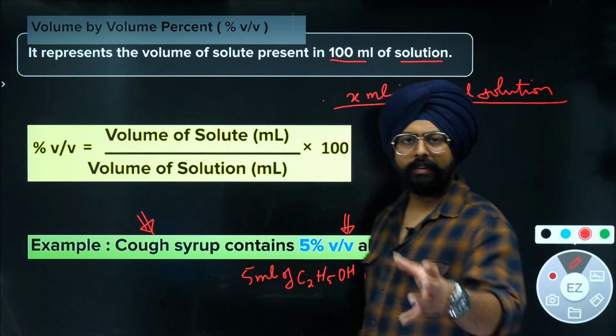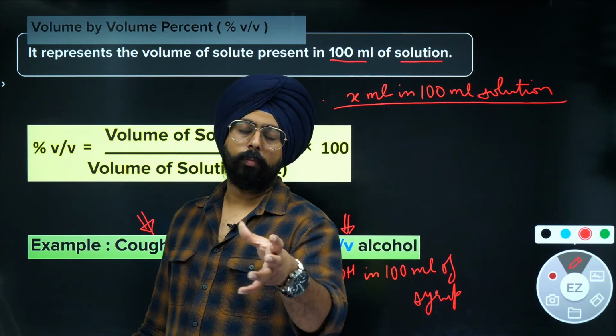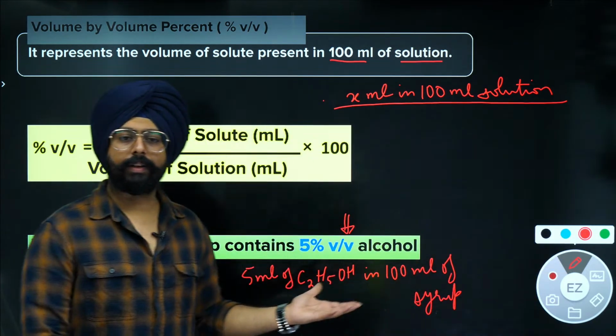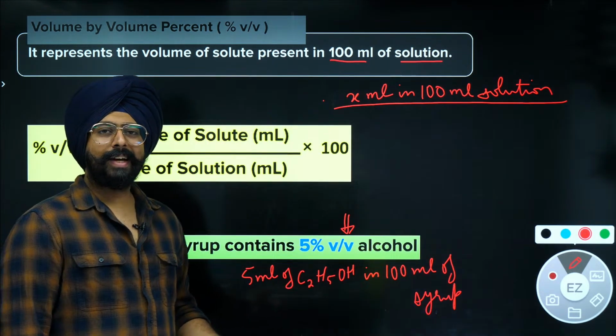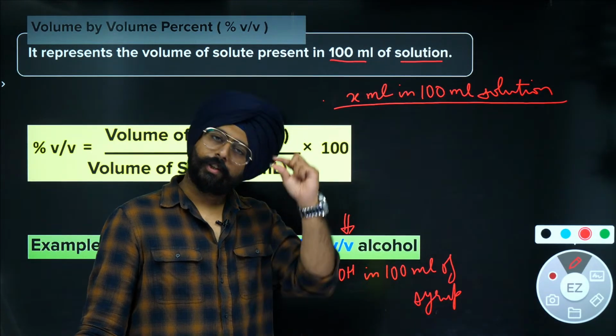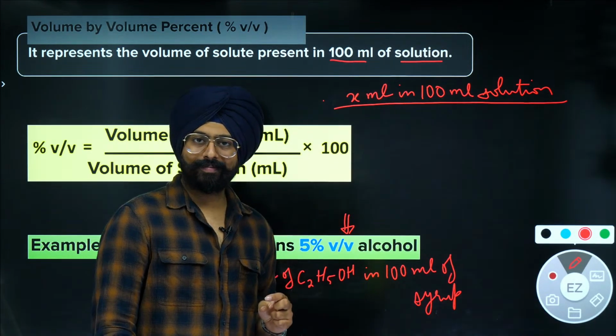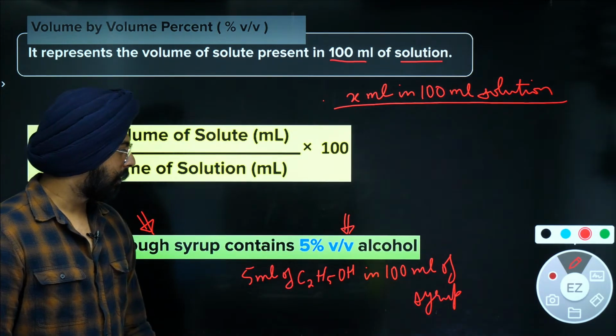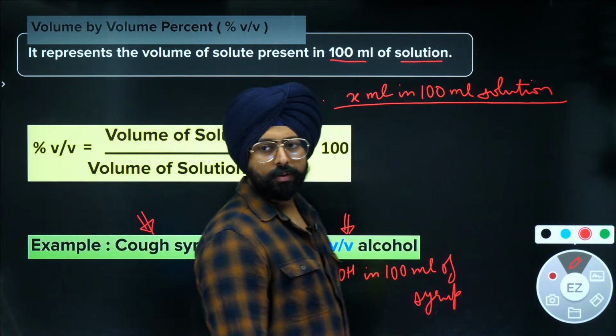If you have a bottle of cough syrup lying around at home, or if you are inquisitive enough to buy one just to read this, please do so. At the back of the bottle, different concentrations will be given for all the constituents.